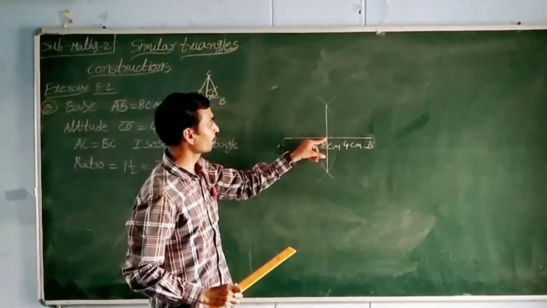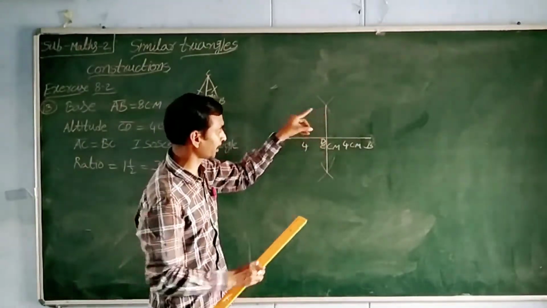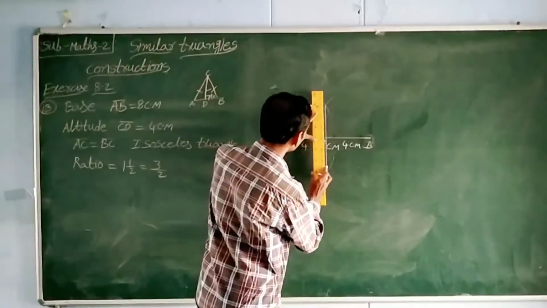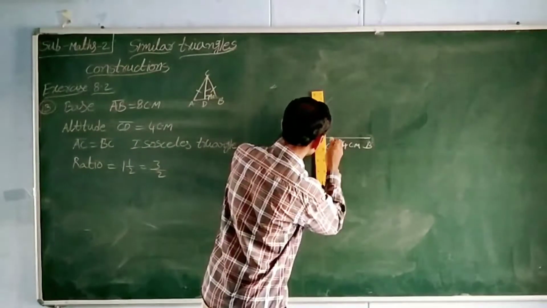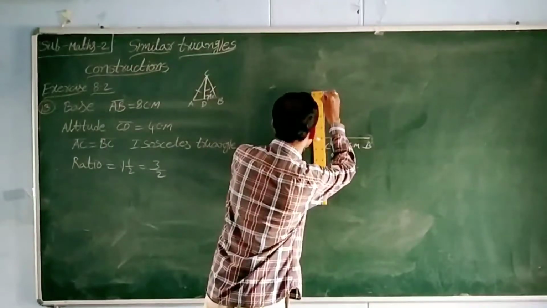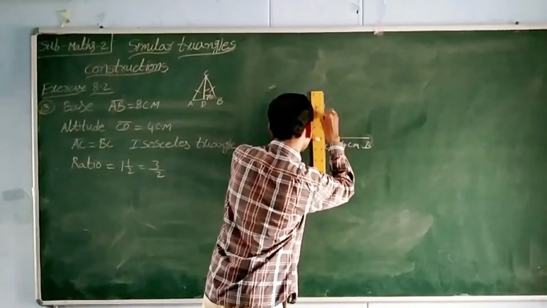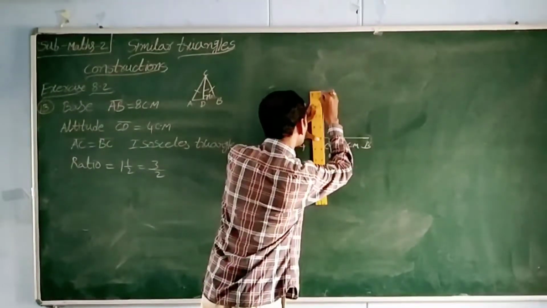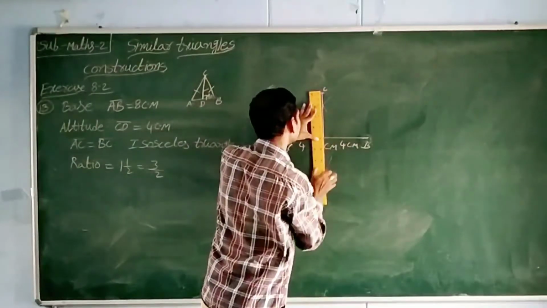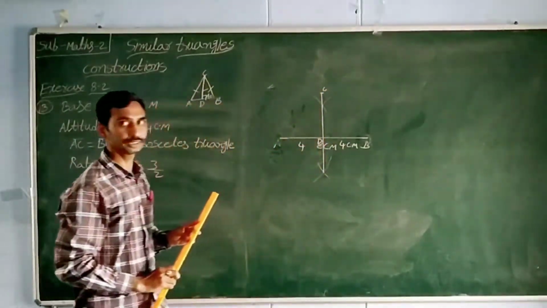Now from D we take 4 centimeters on the perpendicular bisector. That point we take as C.